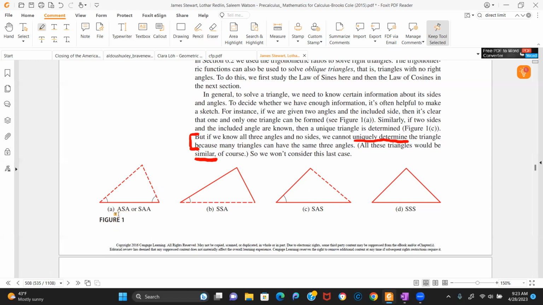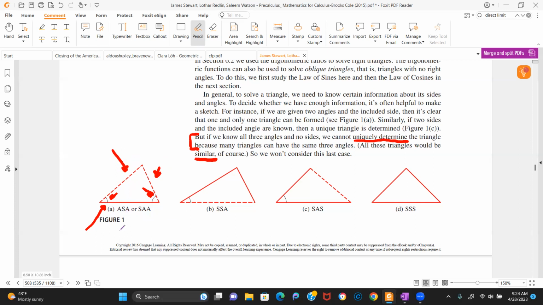So what this means, like angle side angle, is that, for example, you can see what information you're given right here. You're given this angle here, and then you're given this side, and from there you want to determine the lengths of these dotted lines. That's what that abbreviation means.